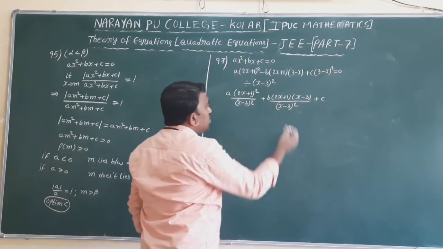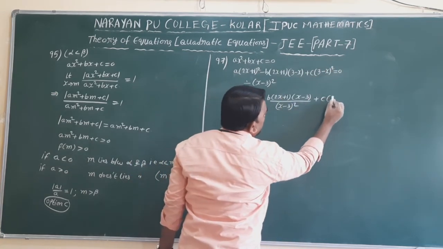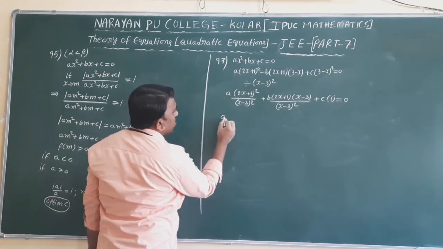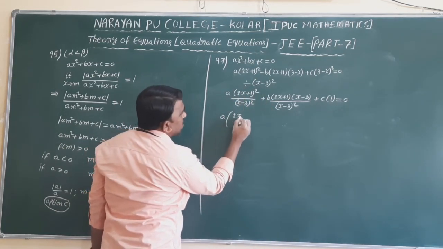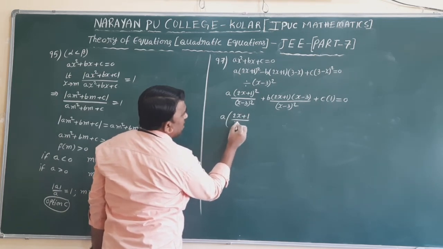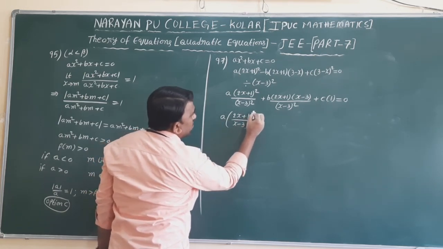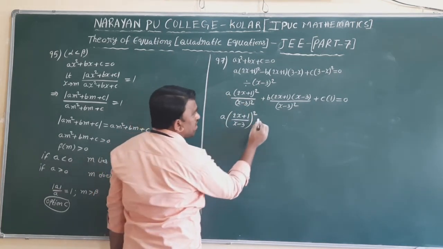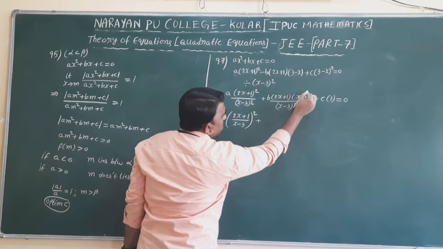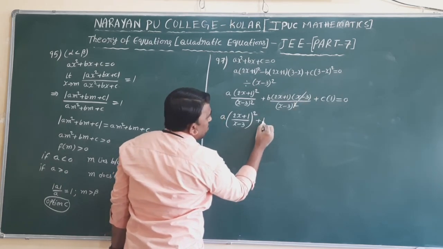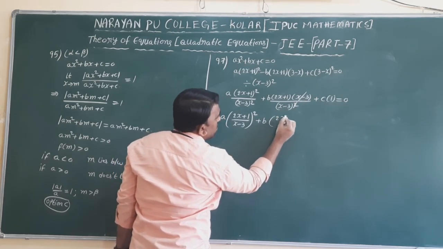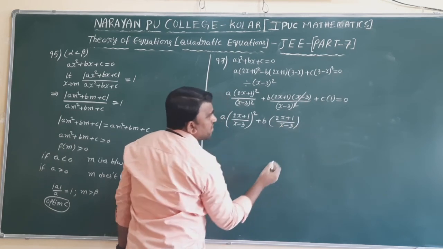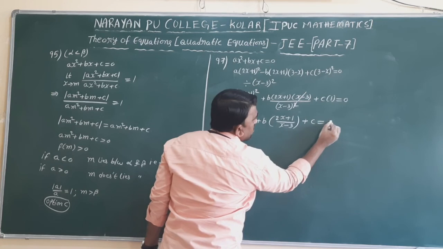So x minus 3 whole square cancels, 1 is equal to 0. Now a into 2x plus 1 by x minus 3 whole square, plus b into 2x plus 1 by x minus 3 plus c equal to 0.